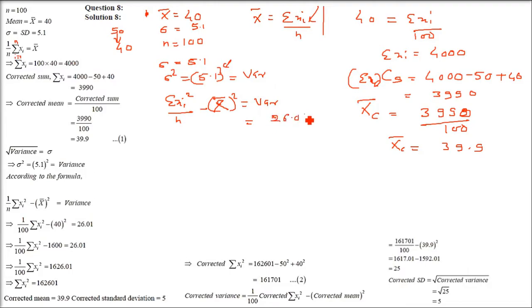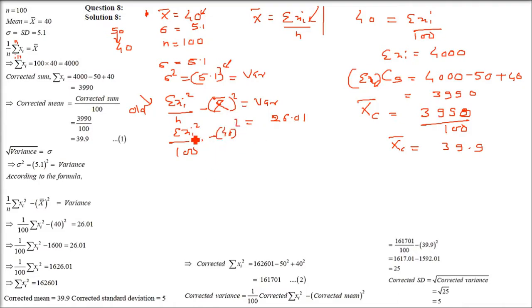So this is 26.01, equal to sigma xi square by n minus x bar square. Sigma xi square we don't know. We know n is 100 and x bar. Here we have to use the previous x bar, because this is the incorrect data and we will do the correction just now. Until we get the corrected sigma xi square, we cannot get the variance.